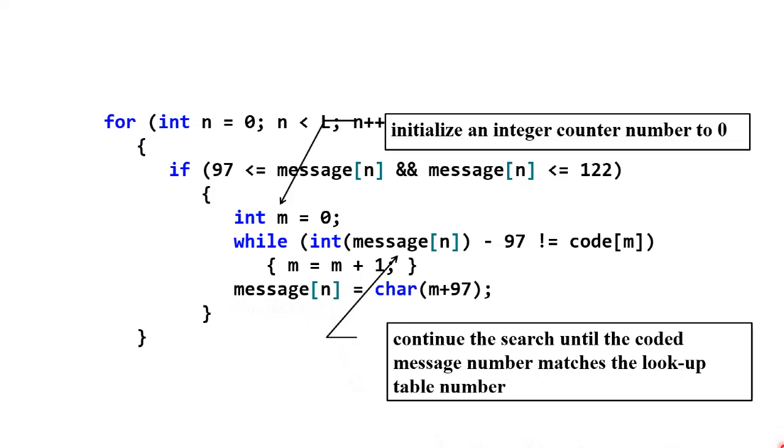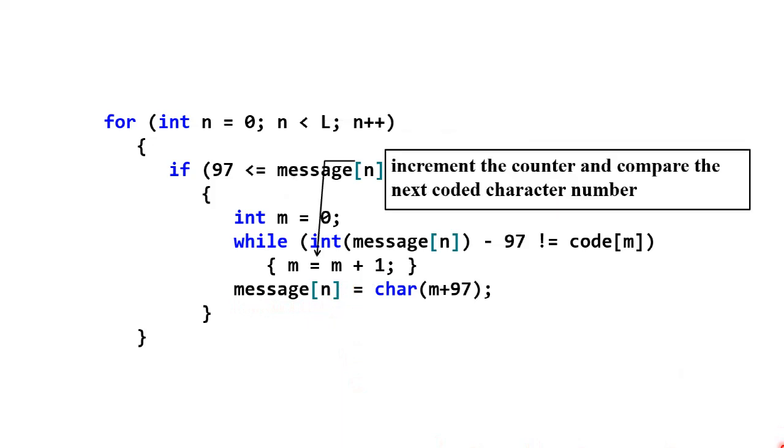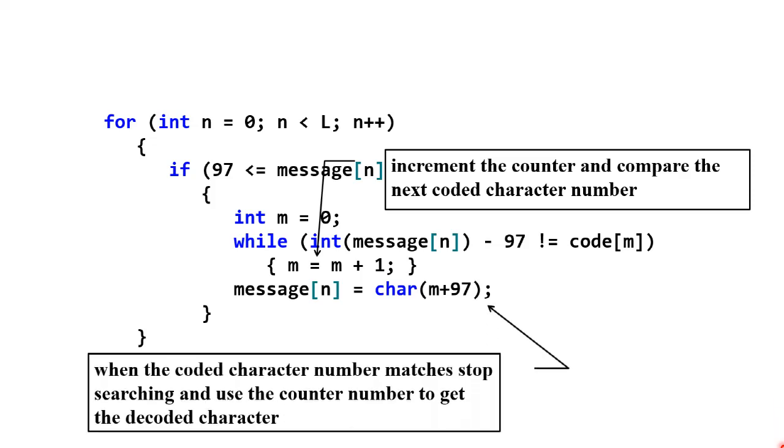Okay, that's a little bit roundabout, but think about it, and I found this to work. Increment the counter number and compare the next coded character number. When the coded character number matches, stop searching and use the counter number to get the decoded character.